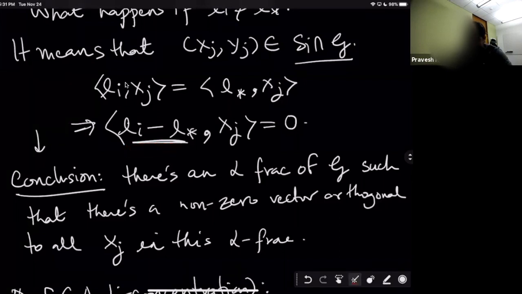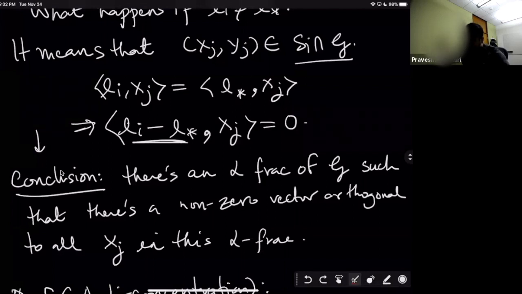And the property that, sorry, something bad happened on my computer screen. Sorry. The property that if you project the points in the good set G along the direction Li minus L star, then an alpha fraction of them becomes 0.